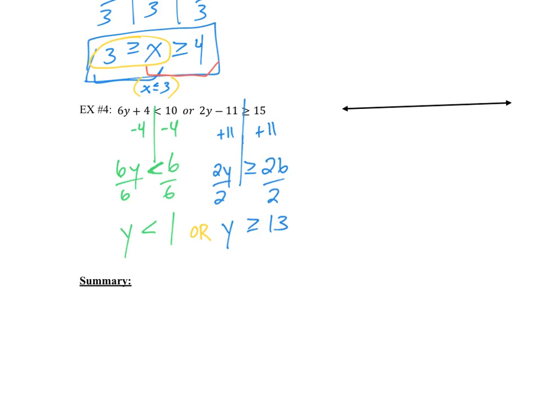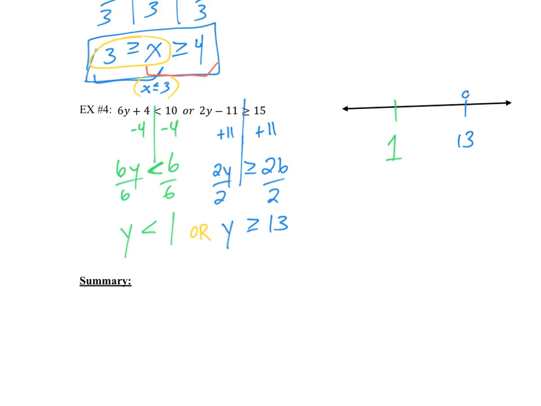So if you read this, it would read y is less than 1 or y is greater than or equal to 13. So when we graph them, the 1 is smaller and 13 is bigger. So 1 goes on the left, 13 goes on the right. If we graph the blue one, it says y is greater than or equal to 13.